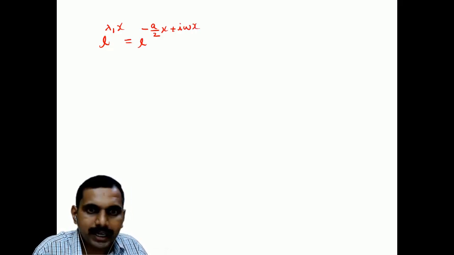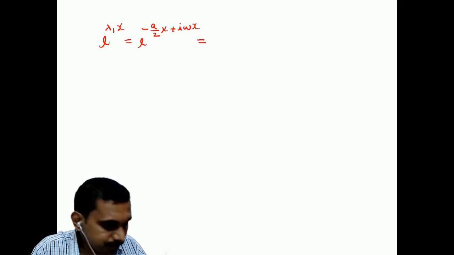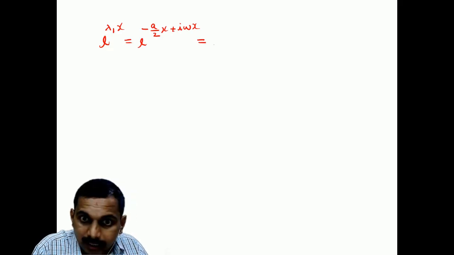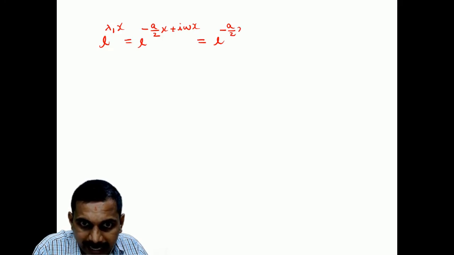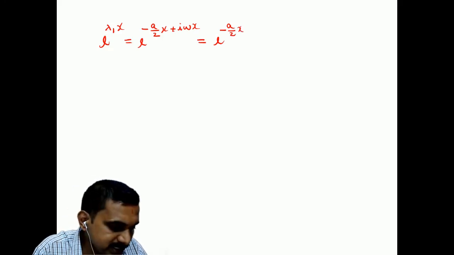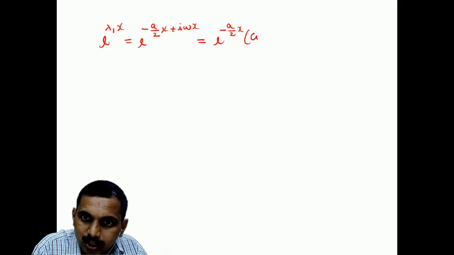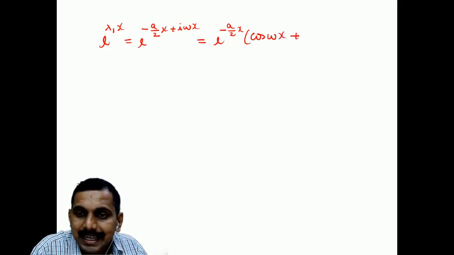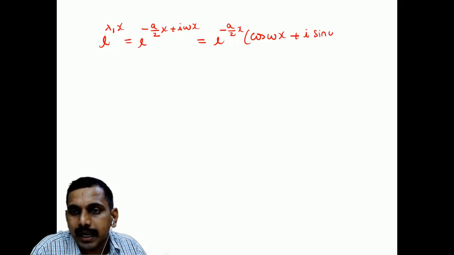So I can write this as e power minus a by 2x, then e power i omega x, which is cos omega x plus i sin omega x.